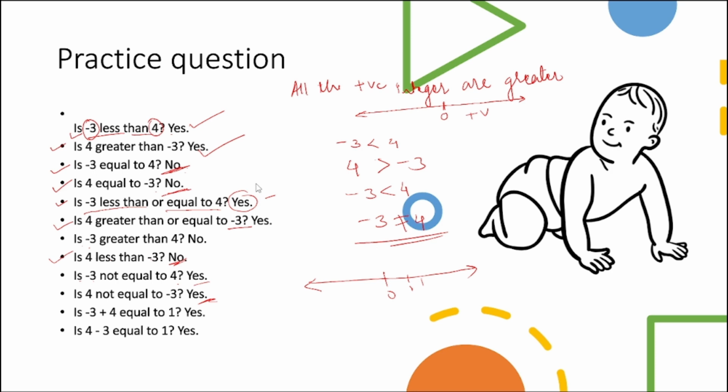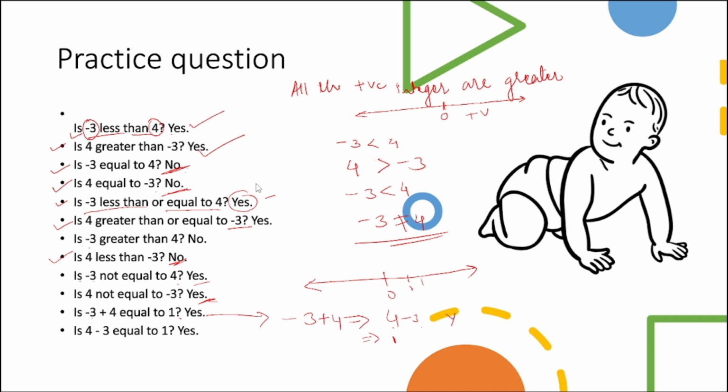Minus 3 plus 4 is equal to 1. Yes. How? I will teach you how. For this question, it is actually 4 minus 3, so when you subtract 3 from 4 you will get 1, so minus 3 plus 4 is equal to 1.